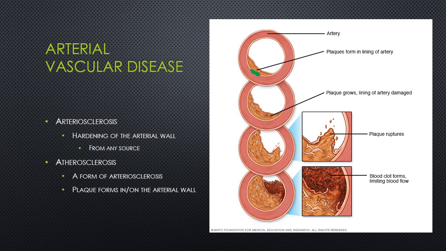Then there's oxidative stress occurring within the body that hardens those plaques. Over time, the plaque grows and the lining of the artery becomes even more damaged due to these plaques.